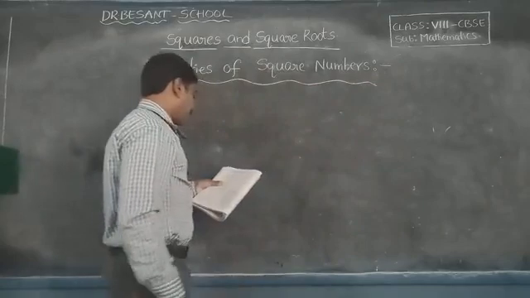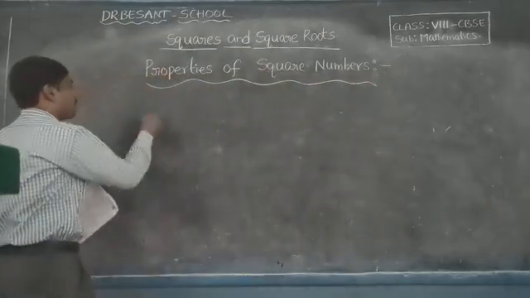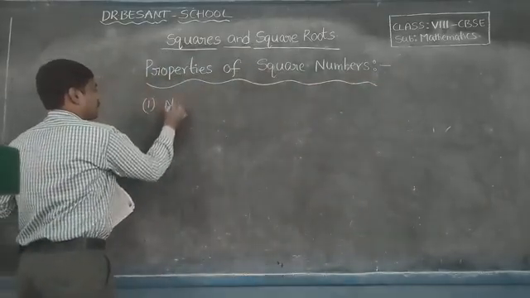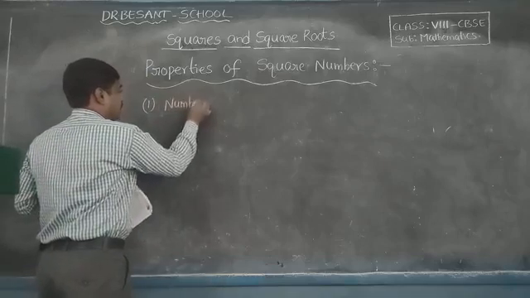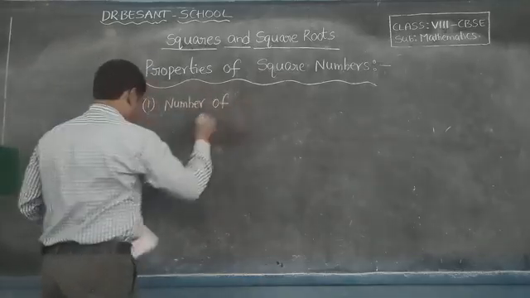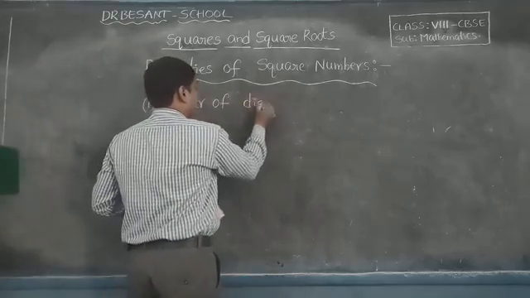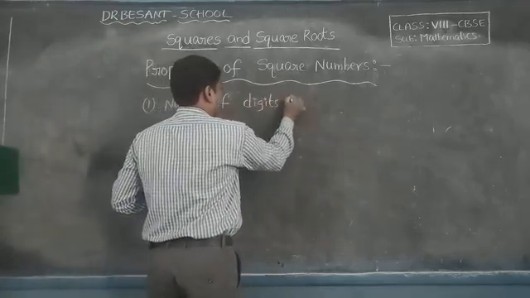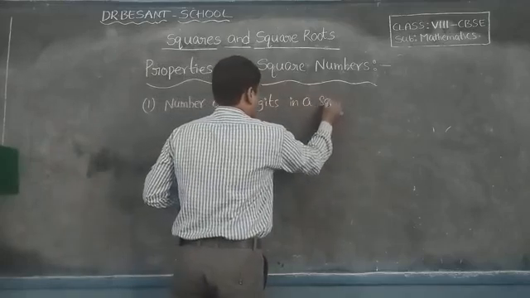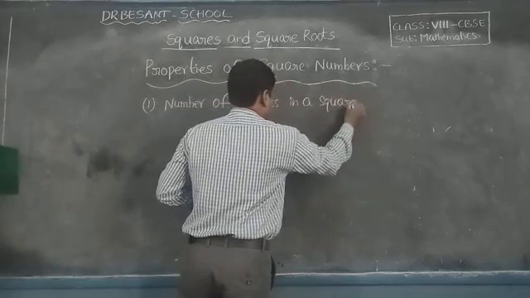The first one, number of digits in a square number.